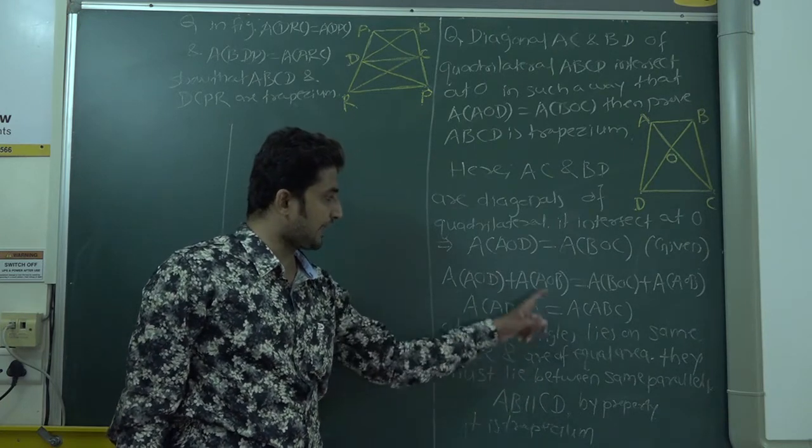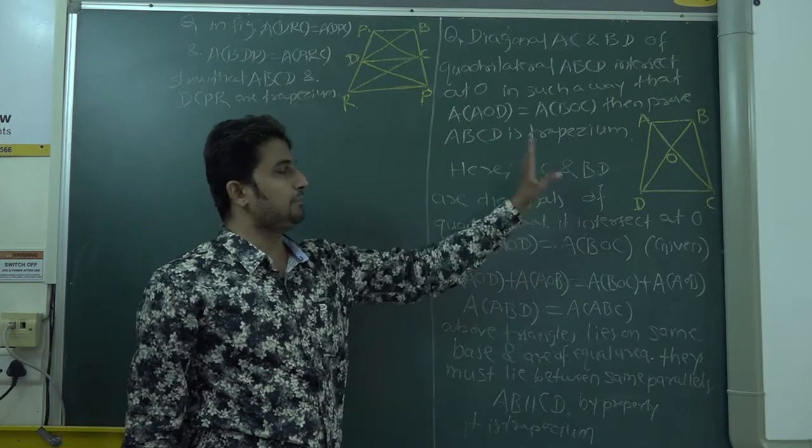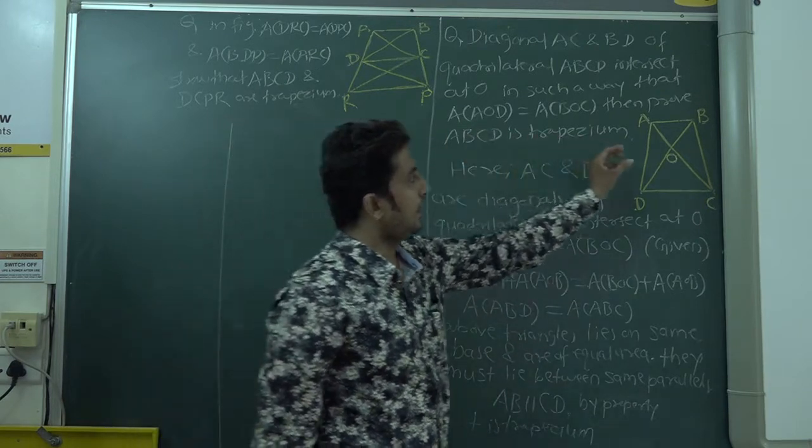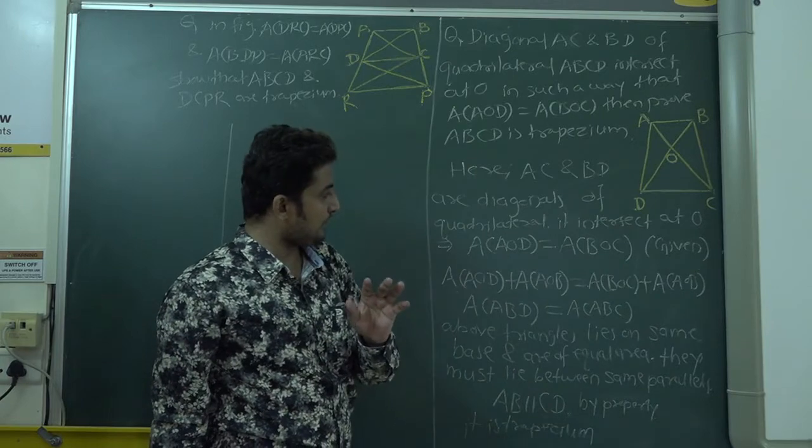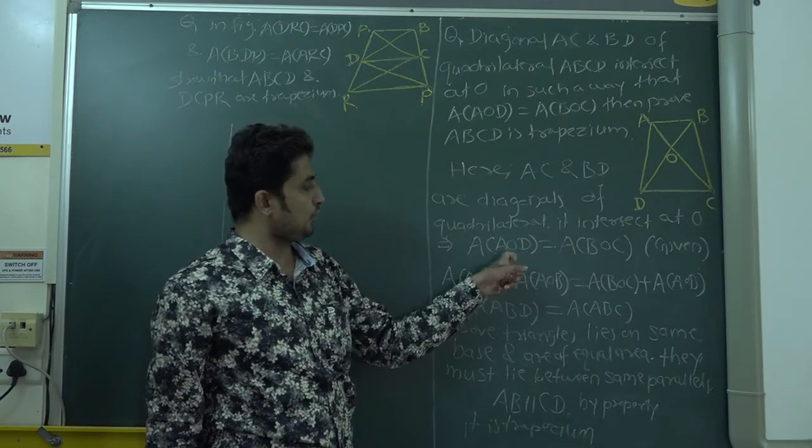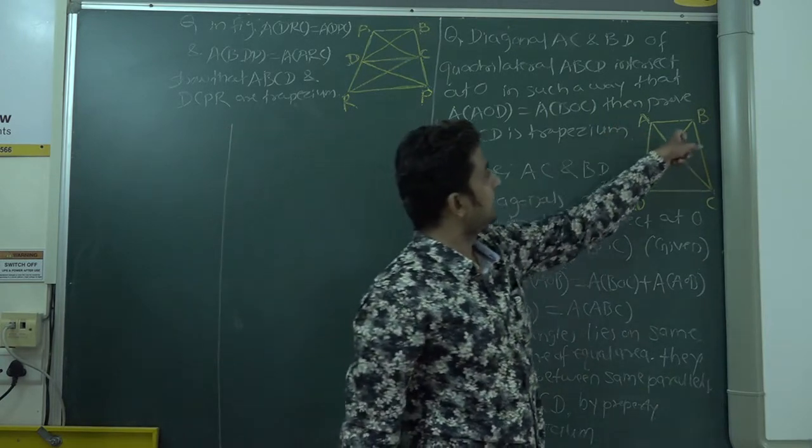Now dear students, hence we prove that ABCD is the trapezium. Here we have to just utilize the result and we are adding AOB, right?